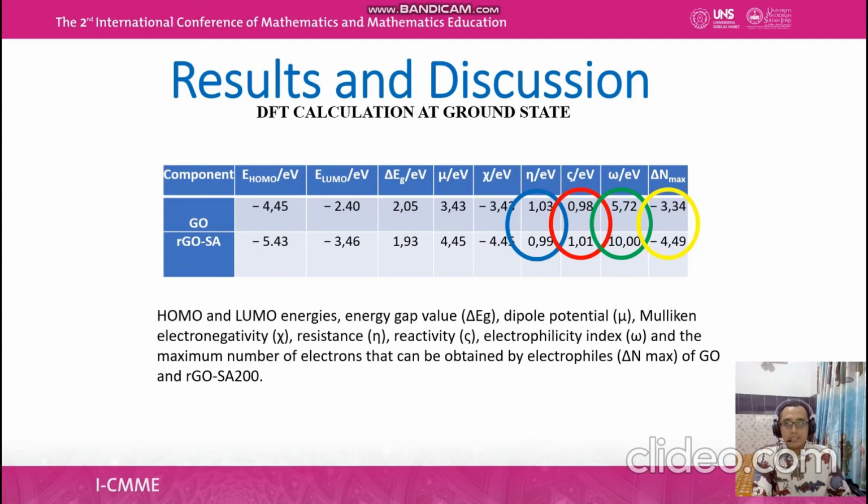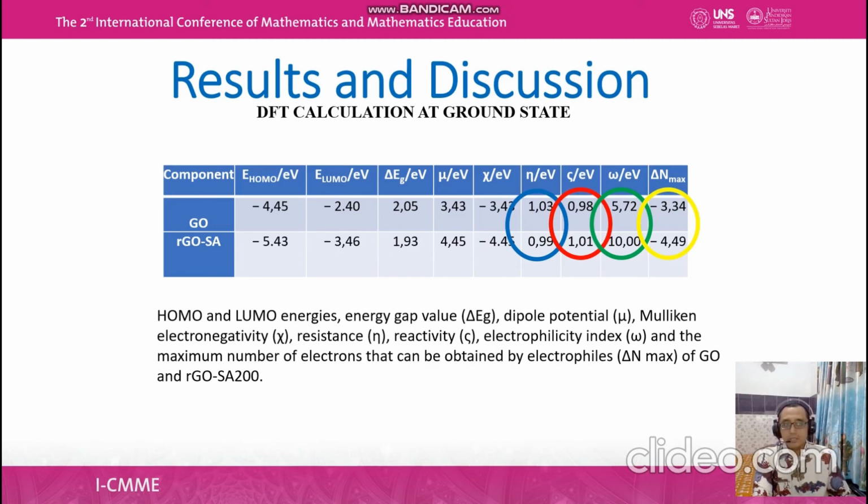Resistance is associated with the level of crystallinity of the nanoparticle. The higher the degree of crystallinity of the nanoparticle, the more resistant it is to accepting a change in electron density. Reactivity is identified as the opposite of resistance, where the lower the degree of resistance, the more amorphous the nanoparticle.